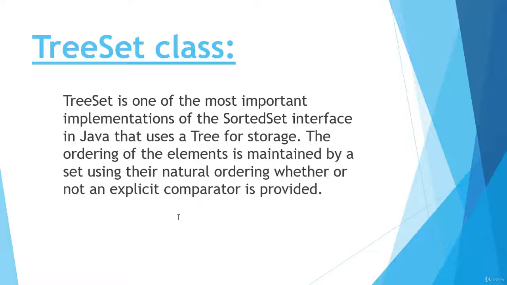TreeSet is one of the most important implementations of the sorted set interface in Java that uses a tree for storage. Now tree is also a data structure. So it is one of the most important implementations. TreeSet implements the sorted set and it uses the tree for storage.